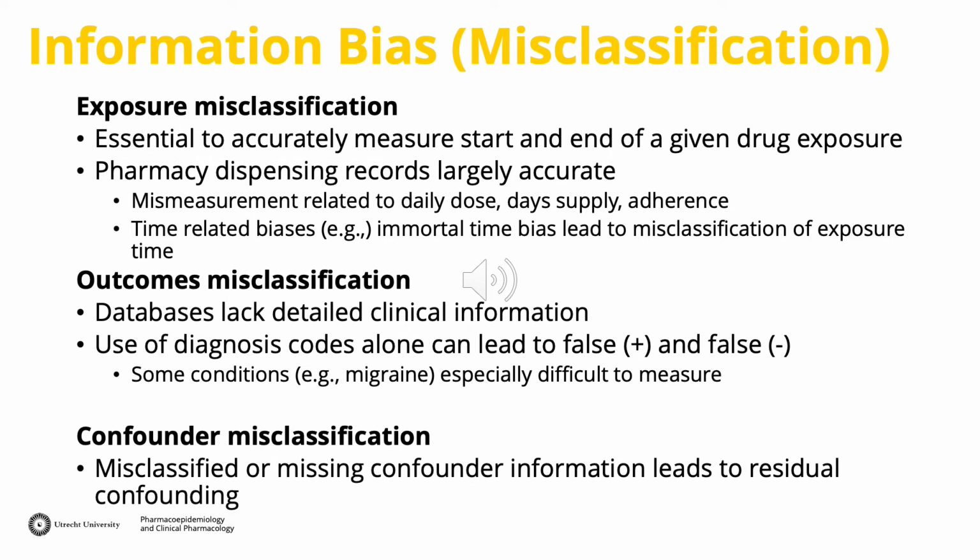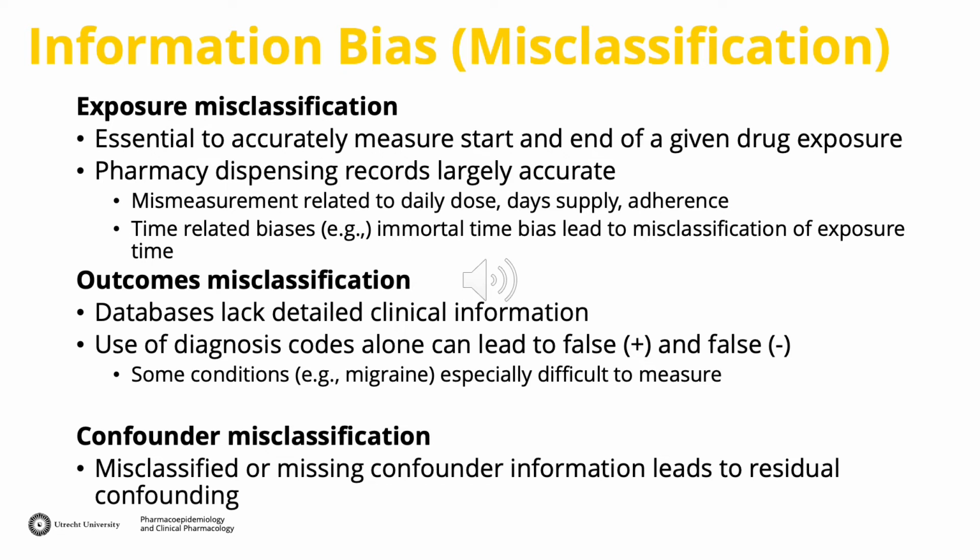Outcome misclassification is related to mismeasurement of our outcome variable, or the disease or outcome we're trying to look at in our study. So a lot of the time outcome misclassification arises because the pre-existing databases we're using in order to measure our outcomes of interest lack detailed clinical data. So typically we use diagnosis codes in order to measure diseases.